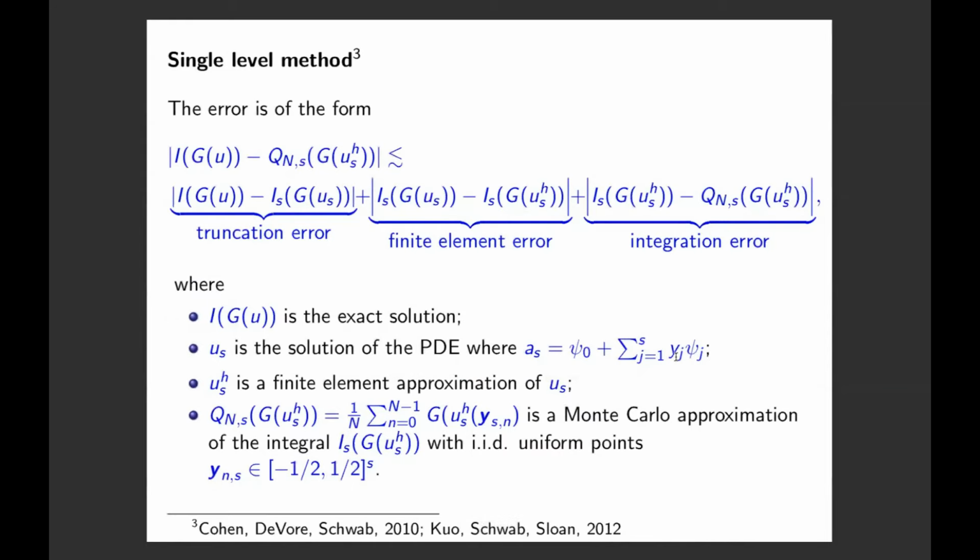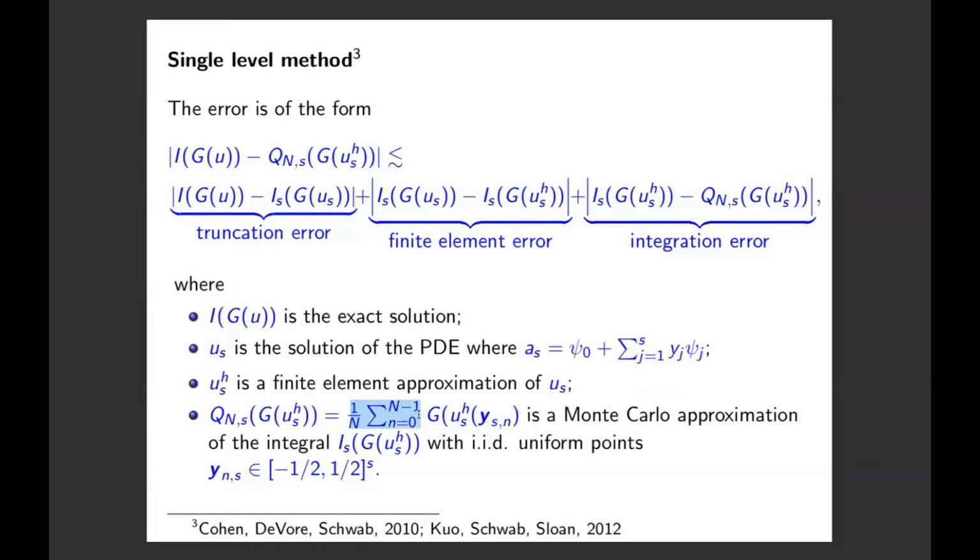Now, the first methods discussing this type of problem were based on the following idea. Here we have the exact value, and this is an approximation. In fact, we replace the integral with a quadrature rule.